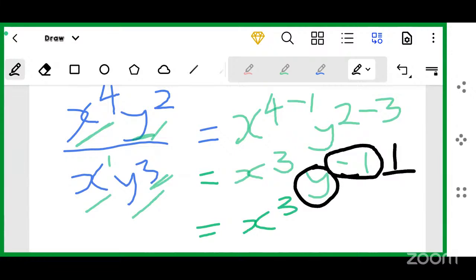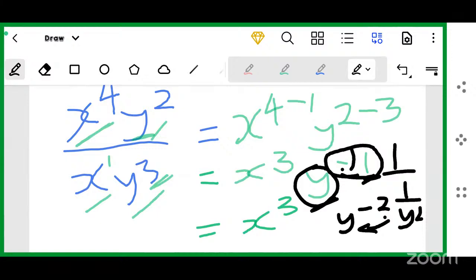So now we treat this as an over. So it's going to be 1 over y, right? But if it's y to the power of -2, the negative 2 is going to come to this one, and then we have 1 over y to the power of 2. Are you certain about that one?